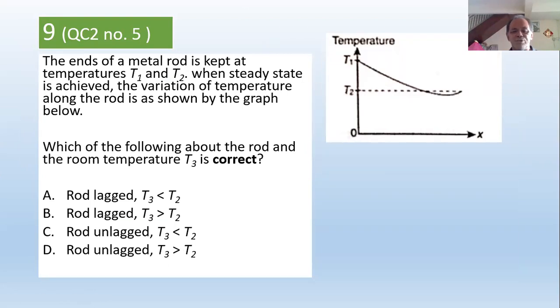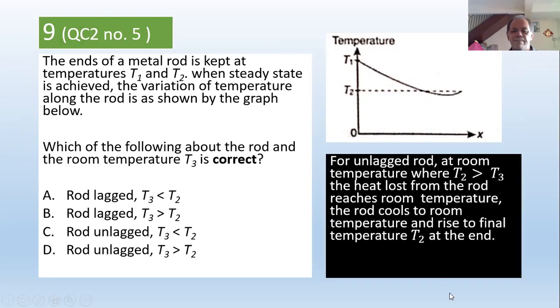You want to know T3, the room temperature is going to be less than T2. That's why it has to go down. It has to lose the heat to the room temperature, and then after that pick up the heat again. Okay with that? Okay.